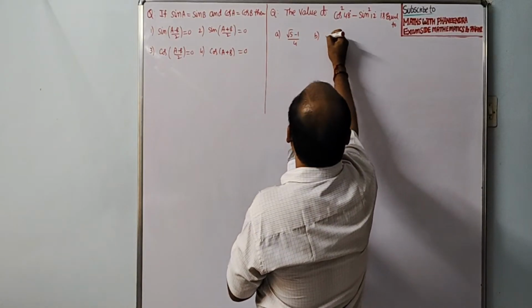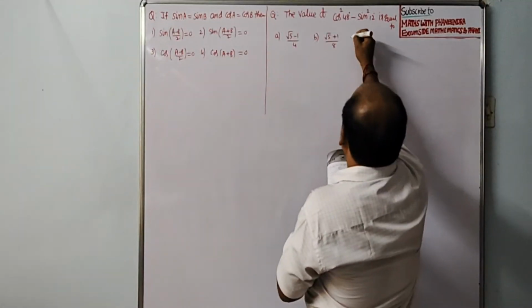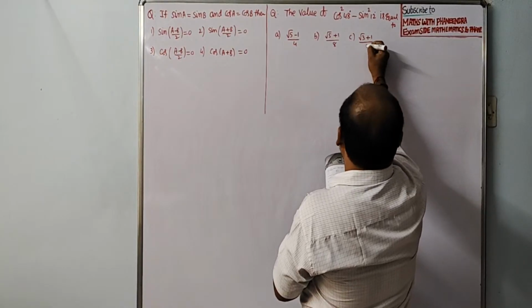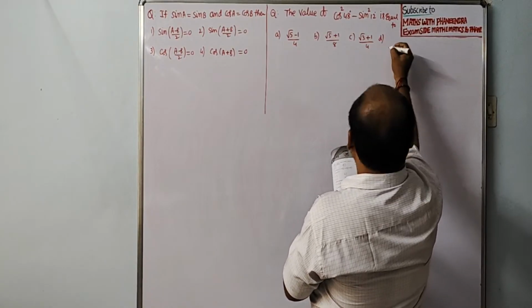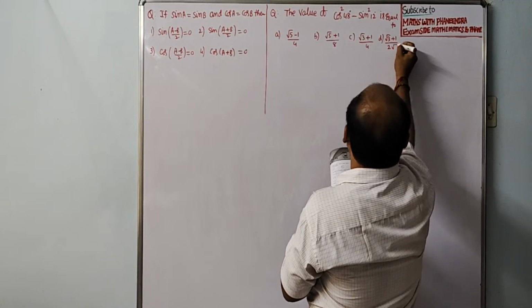Second option, root 5 plus 1 by 8. Third option, root 3 plus 1 by 4. Fourth option, root 3 plus 1 by 2 root 2.